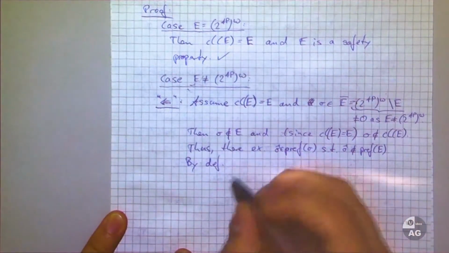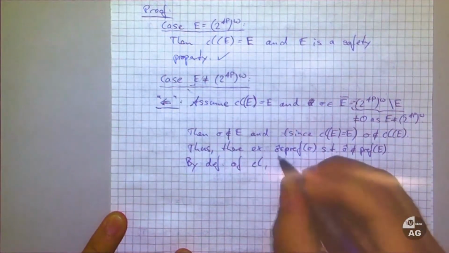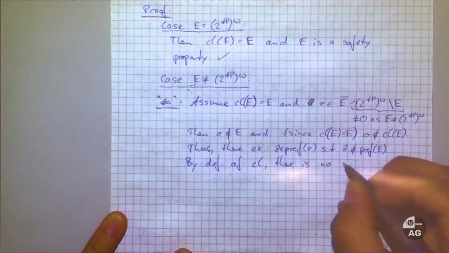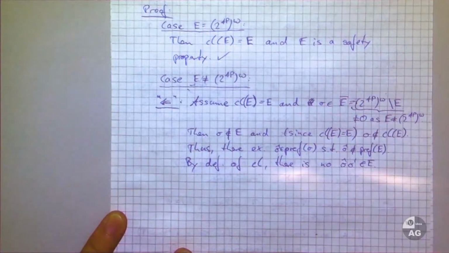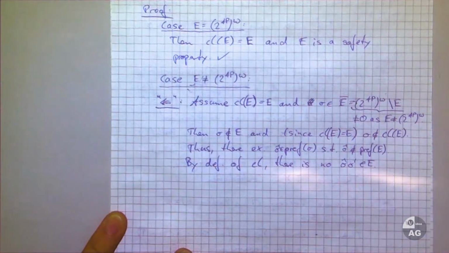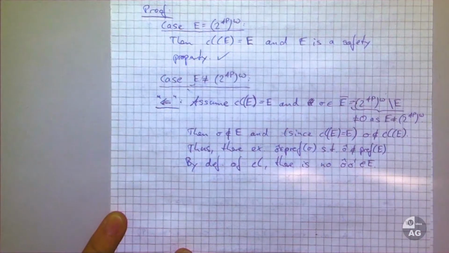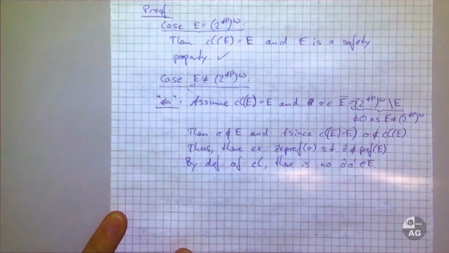Then, by definition of the closure, there is no sigma head, sigma prime contained in E. Right? Because this says sigma head is not in the prefixes of E, meaning there is really no word in E that has sigma head as a prefix. Meaning that no matter how you extend it, it's not going to be in the property.